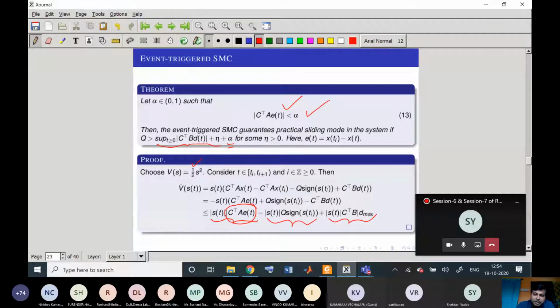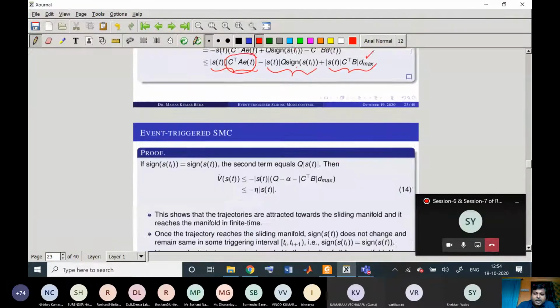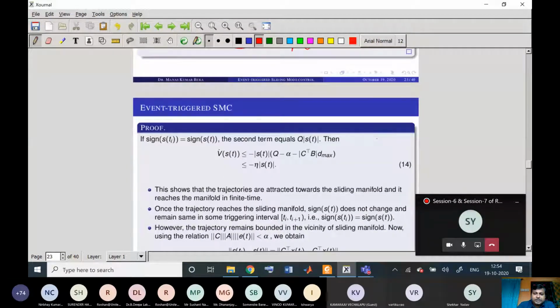Now how can we guarantee the bound of this and this? This is definitely bounded, because d is already replaced by d max. It can be observed that once the trajectory reaches the sliding manifold, the sign of S(Ti) and sign of S(t) will be equal.